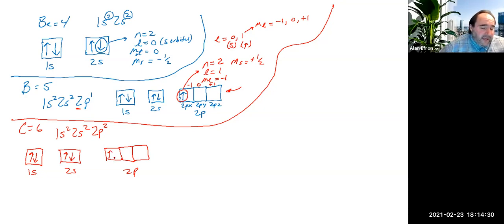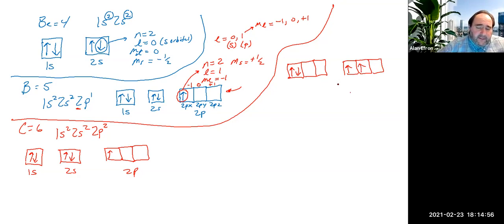And now you actually have options as to where you could put the next electron. So the option is a couple different places you could theoretically put that electron. You could pair it up and put it that way. You could go this way and put it in the one next to it.